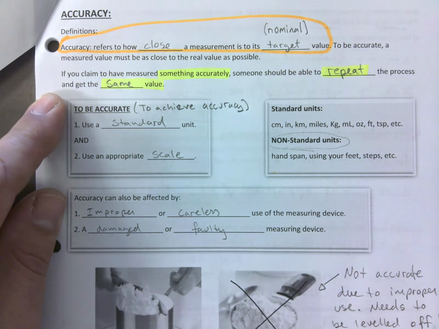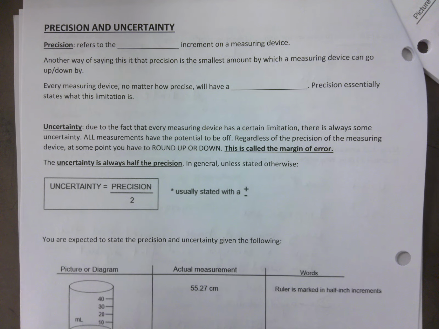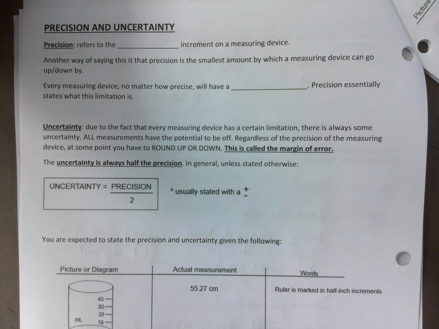All right, let's move on. So now we're going to go into precision and uncertainty. Accuracy is put aside for a bit. If you're not awake yet, now you need to wake up, right? Now I'm going to give you various examples on precision and uncertainty. Here we go.